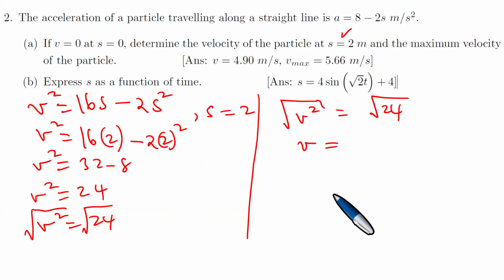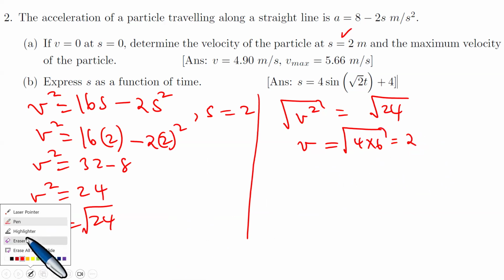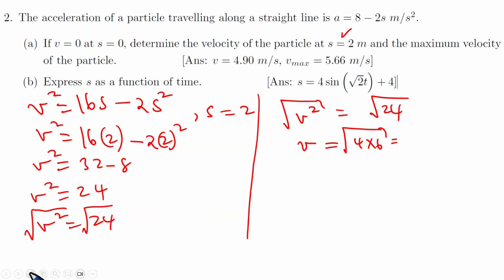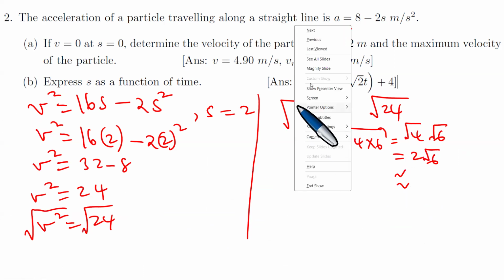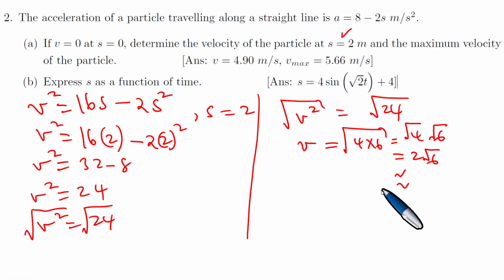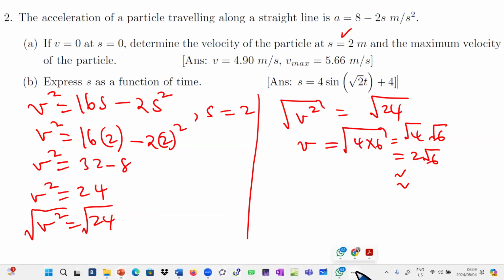One can say it is the same as the square root of 4 times 6, which is 2 times the square root of 6, in the sense that it is the square root of 4 times the square root of 6. Approximately what, in decimals? Check.